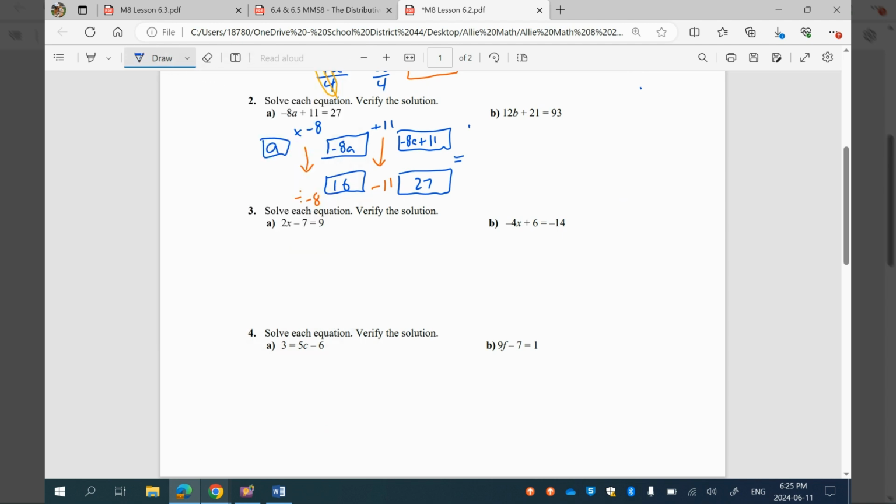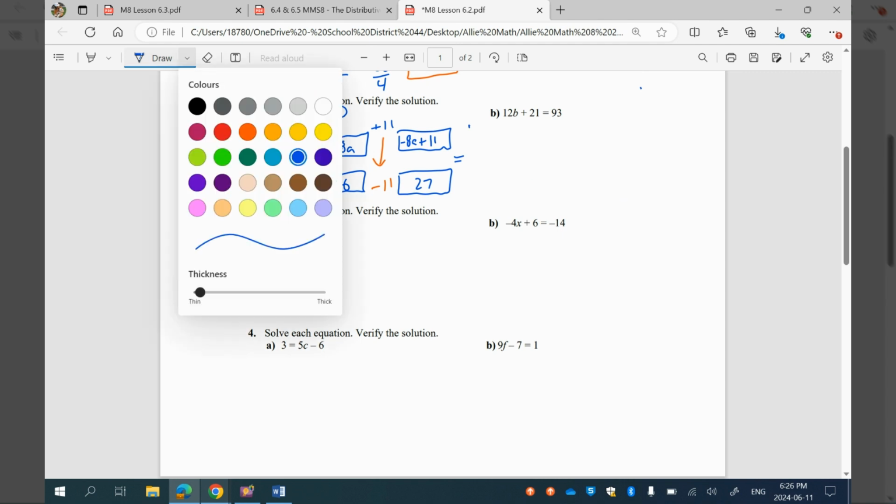And 16 divided by negative 8 is negative 2. So that's a method that they teach you in grade 9, thinking about building the equation and then undoing it. And they make a metaphor of like wrapping a present and then unwrapping it. So I don't know if that's a helpful method for any of you, but there you go. That's one more way to do it.